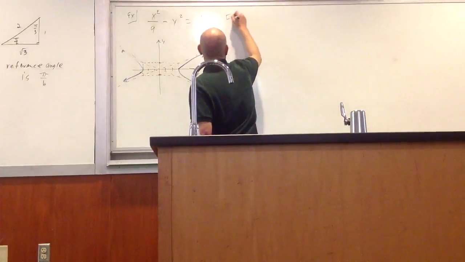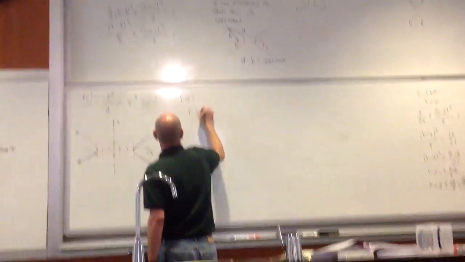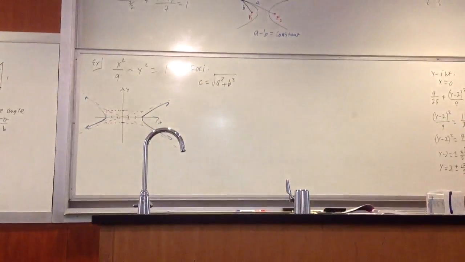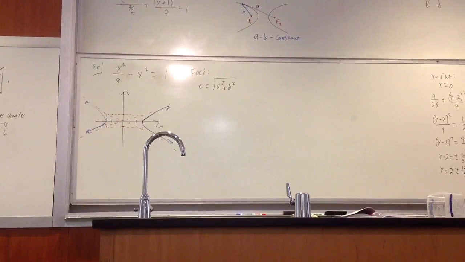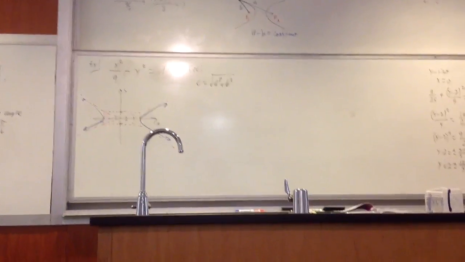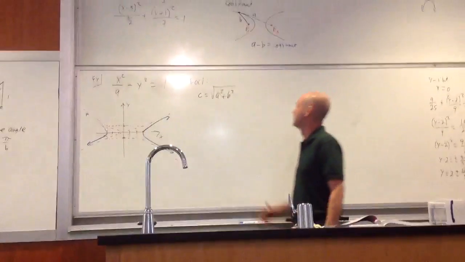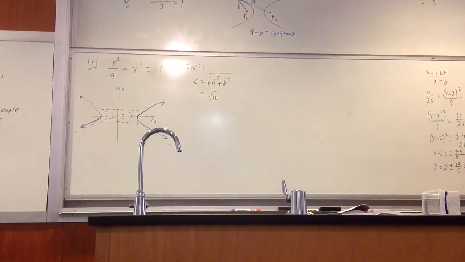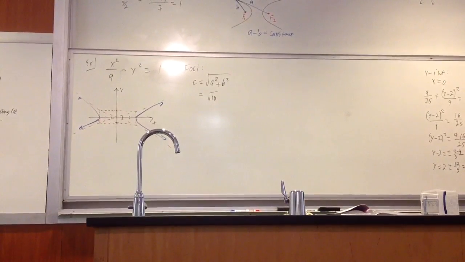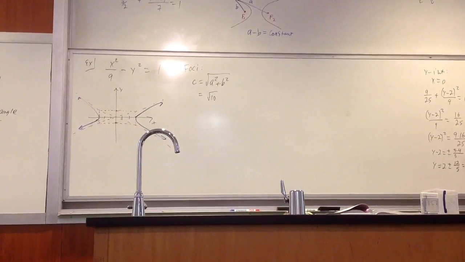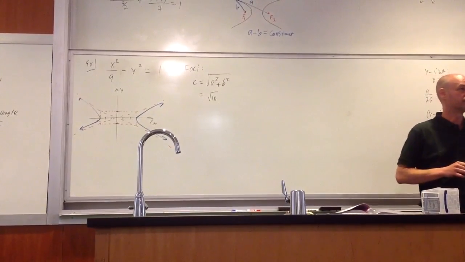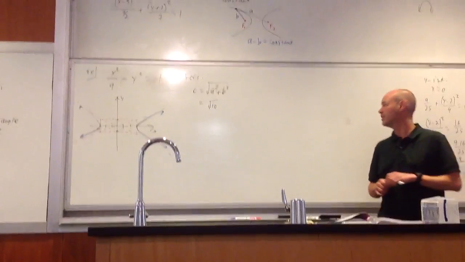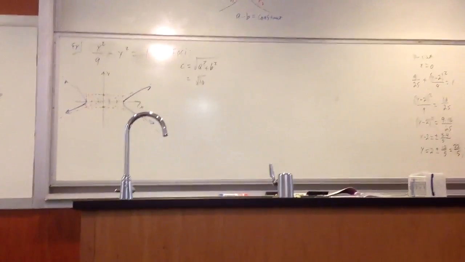The foci: c is equal to the square root of a squared plus b squared. I could get into why and all that. In this case, it's root 10. 3 squared plus 1 squared, or 9 plus 1. What is root 10? 3.1-ish maybe?